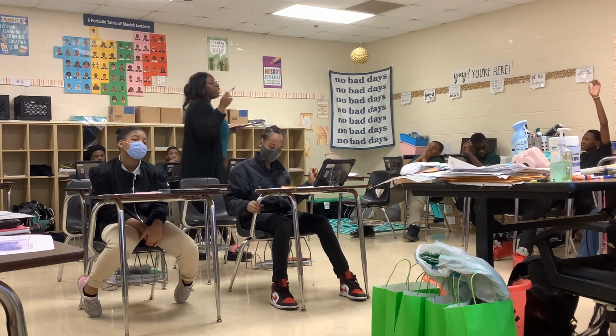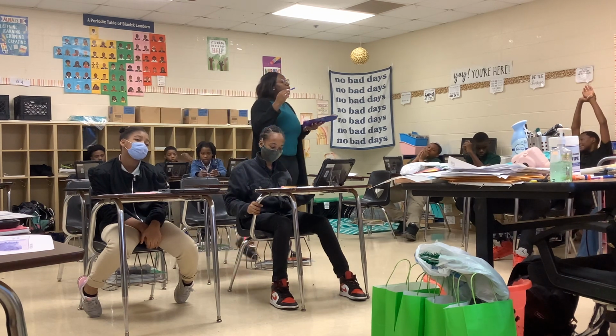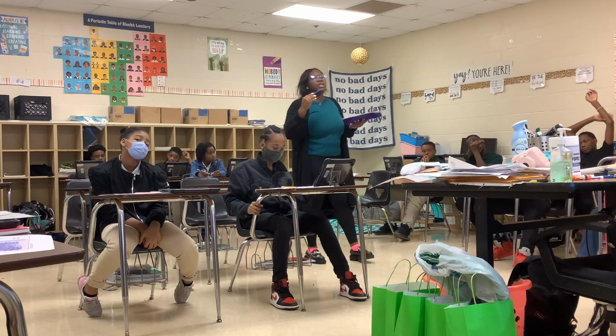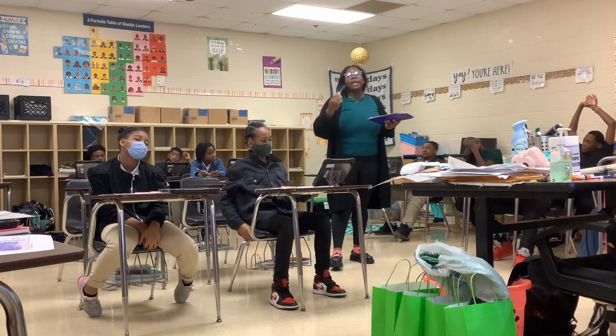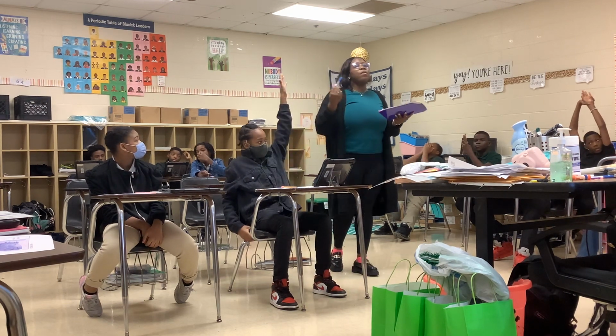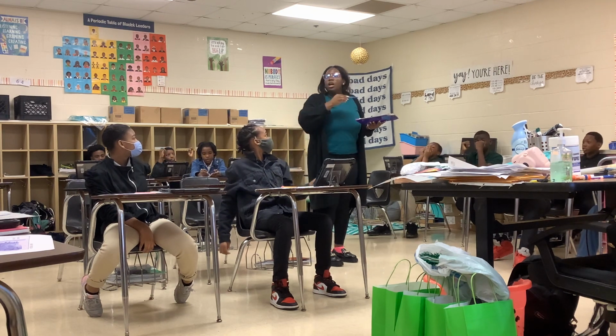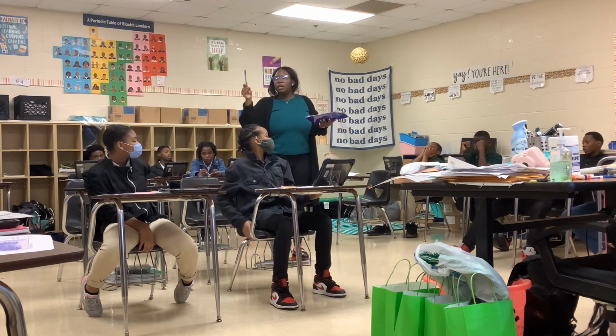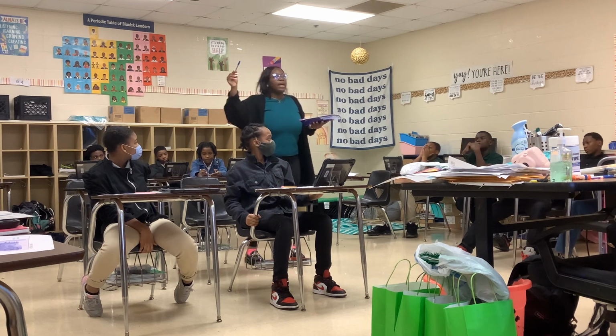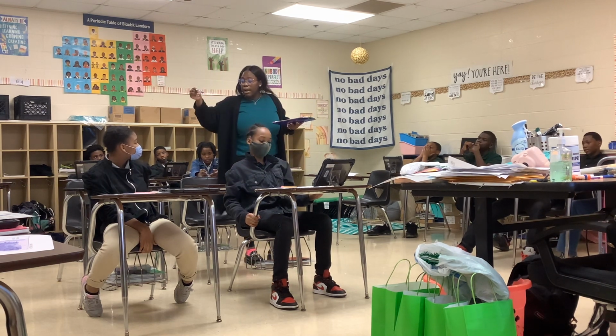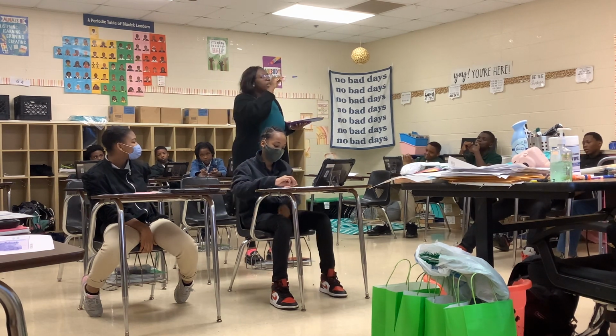So again, we're thinking beyond the Pacific Ocean and beyond precipitation. We're thinking about weather and climate. So what do we know about weather and climate? Weather is what? Short term. Climate is what? Long term. Climate depends on a period of time, right? What does weather depend on?